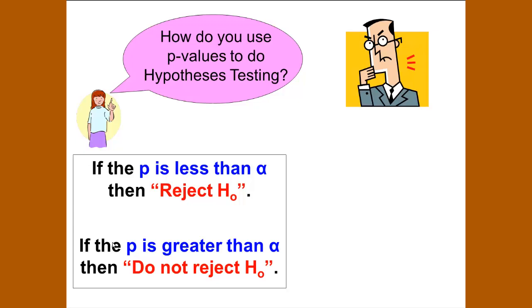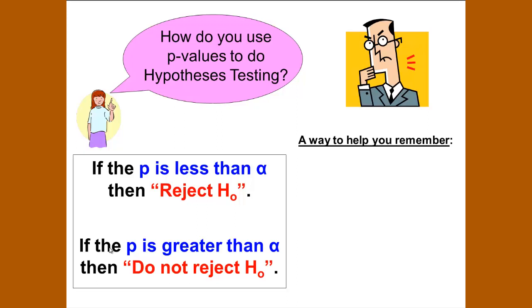The p-value is a probability of getting your sample data. So if the p is low, it is unusual, and the null must go is the phrase that we will use, and we reject H0 because our data is unusual.